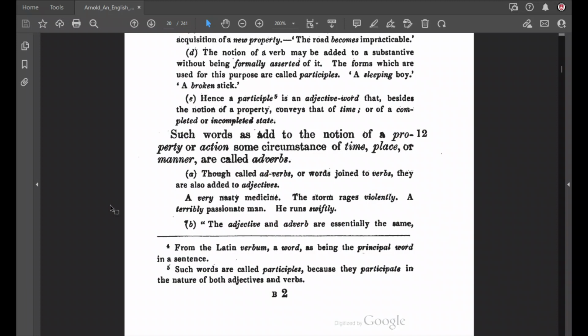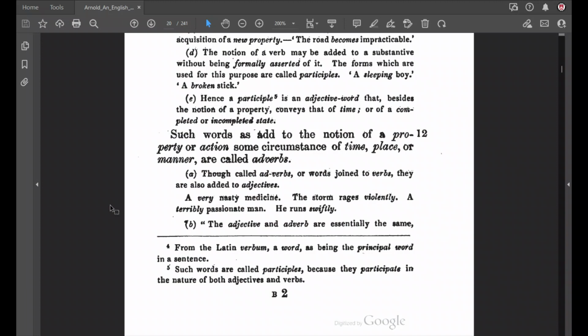If I say Josh is reading, and you ask, how is he reading? I say, Josh is reading quickly. And I add a word that adds to the notion of a property. He's reading. How is he reading? He's reading quickly. I add some description. I add more information to the description.